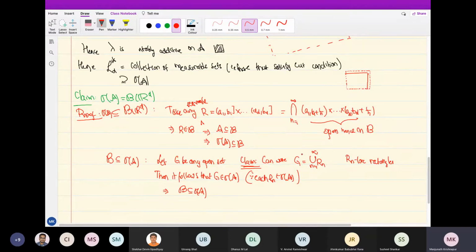Can you write G as a countable union of open rectangles or closed rectangles? Then we can always go from that to left open, right closed. If we are allowed to use topological stuff, you have a countable base, and that base can be rectangles, and then you're done.